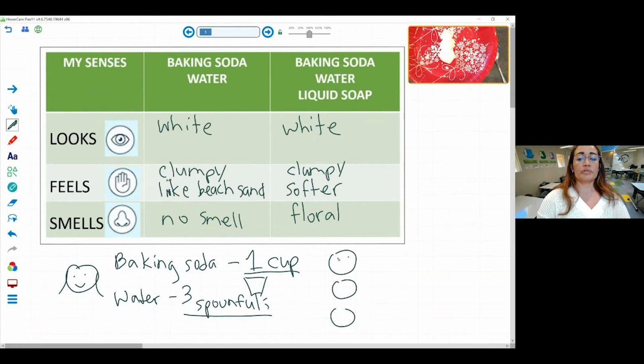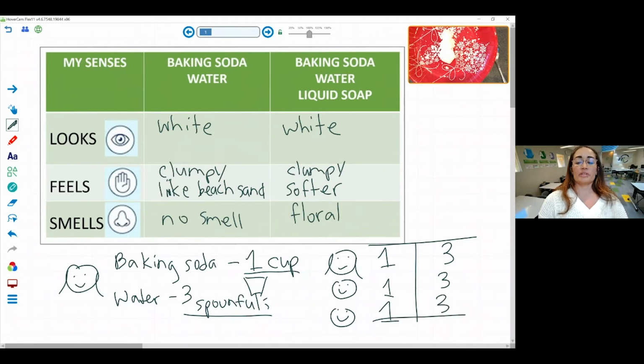So for all 3 of us, right? 1 cup of baking soda, 3 spoonfuls of water. 1 cup here, 3 spoonfuls, 1 cup and 3 spoonfuls. So total, I'm sure you guys can do the math really quickly. I would need at least 3 full cups of baking soda and 3, 6, 9 spoonfuls of water if I were to make this batch even bigger.